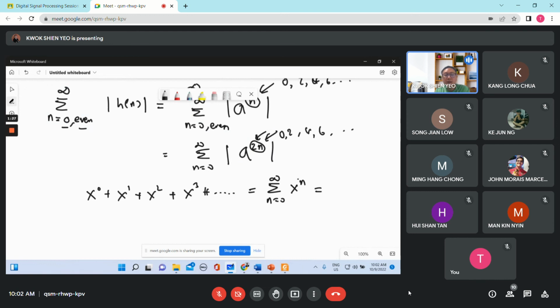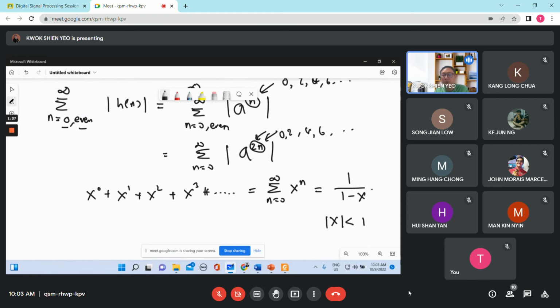We can write it into 1 divided by 1 minus x, if the amplitude of x is smaller than 1.